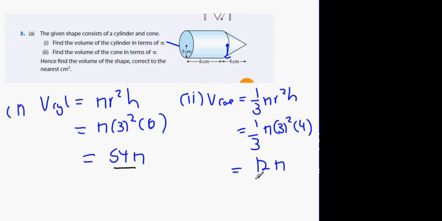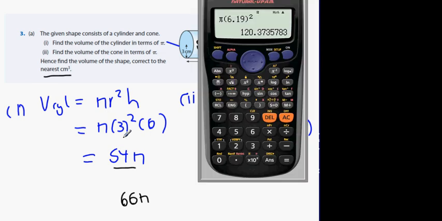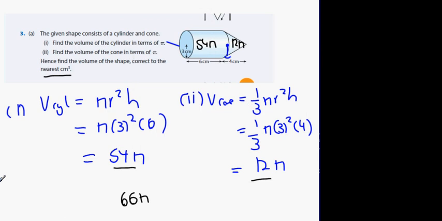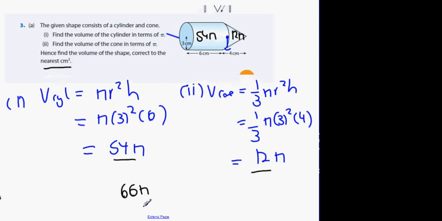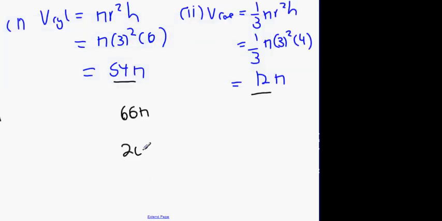So the volume of the full shape is your 54 pi and your 12 pi added together, and you're going to get 66 pi. But that's not correct to the nearest centimetre cubed, so you put 66 pi into the calculator and what you get is 207 centimetres cubed. So 207 centimetres cubed.